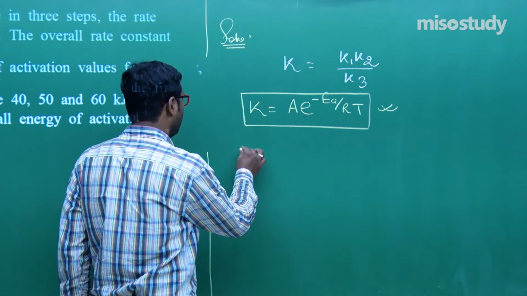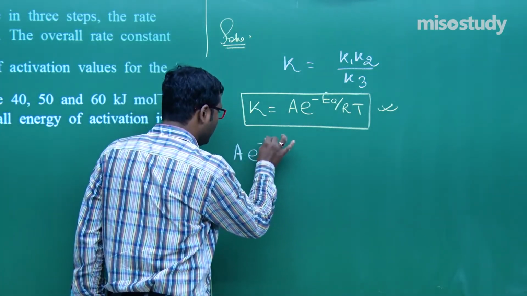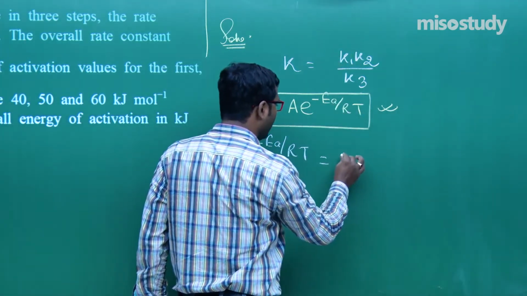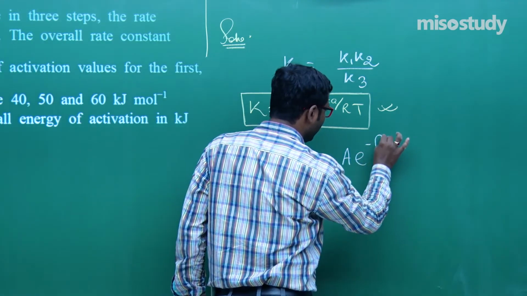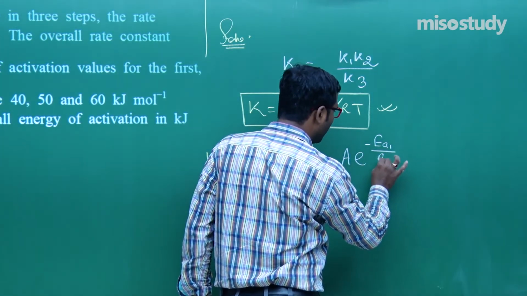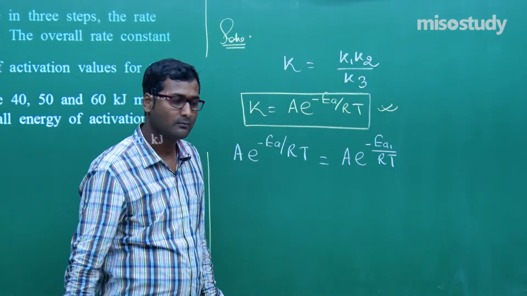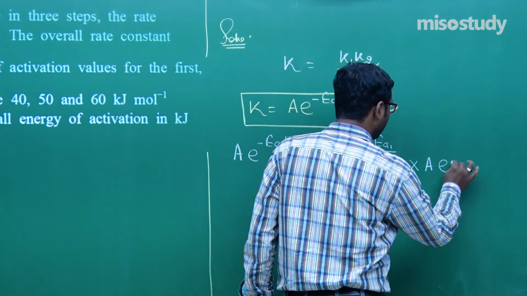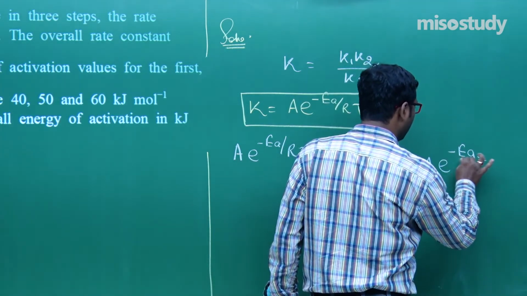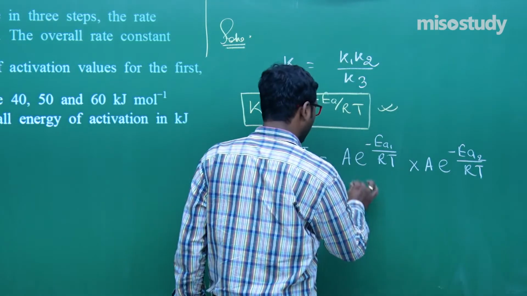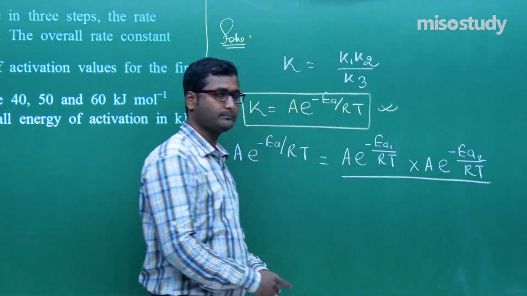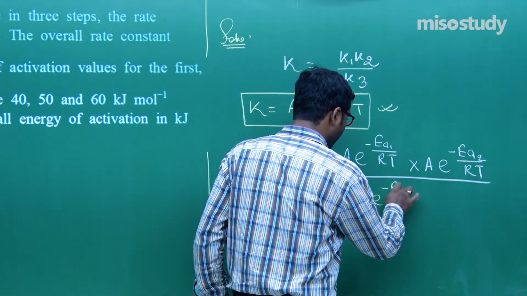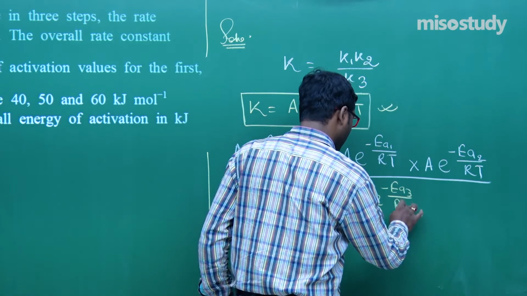A e to the power minus Ea upon RT is equal to, for k1, A e to the power minus Ea1 upon RT, now multiplied by A e to the power minus Ea2 upon RT, divided by k3, A e to the power minus Ea3 upon RT.